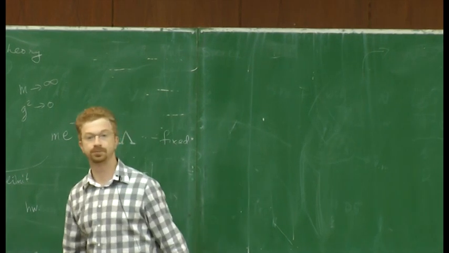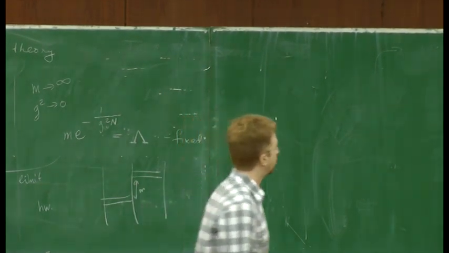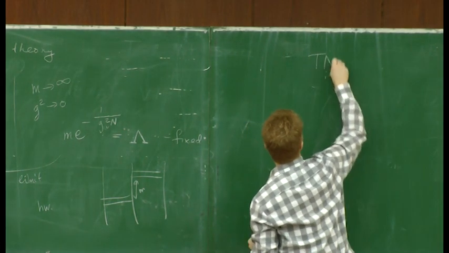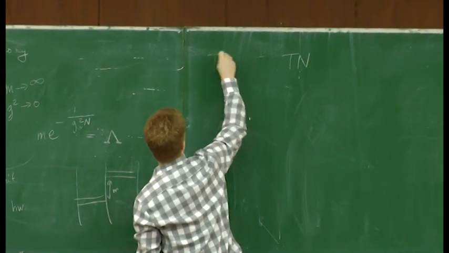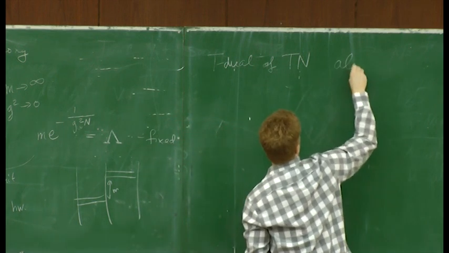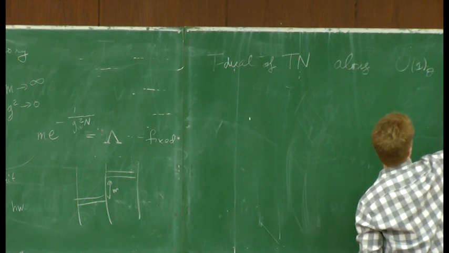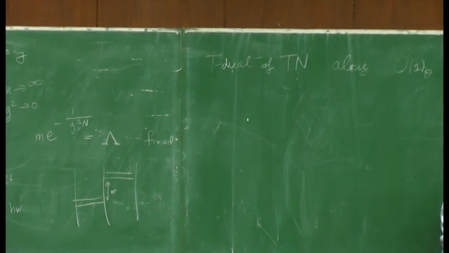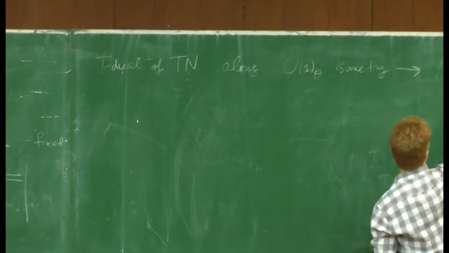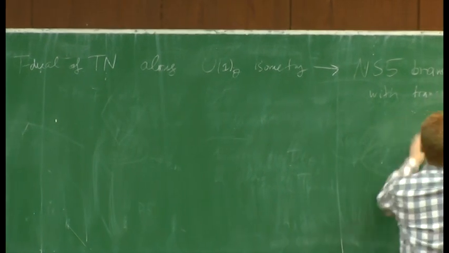Yes? I just didn't understand how you got the NS5 brane originally. Okay, so just something to keep in mind: the T-duality of Taub-NUT along the U(1) theta isometry gives you the NS5 brane with a transverse circle.